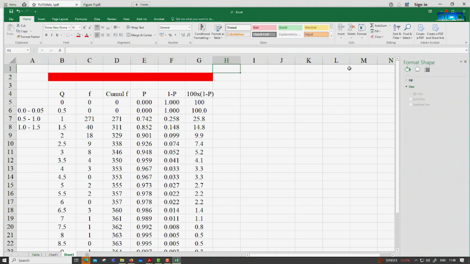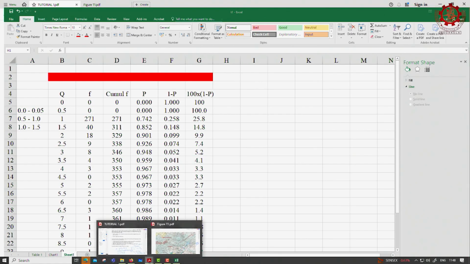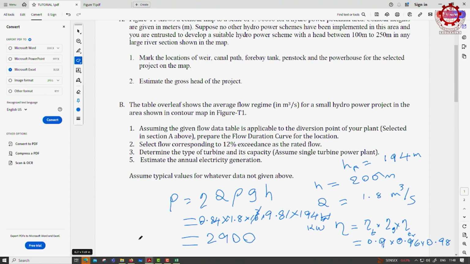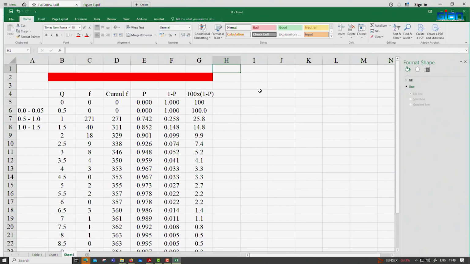So, let us assume some values. Let us assume this generator and transformer efficiency to be 0.96 into 0.98, how much? Can you work out? 0.96 into 0.98, that is the generator into transformer efficiency. We will assume that to be constant, but the turbine efficiency we can't.